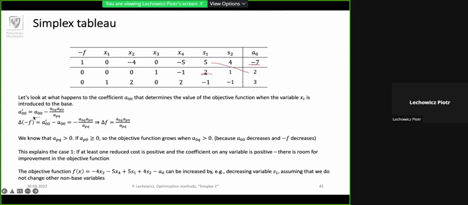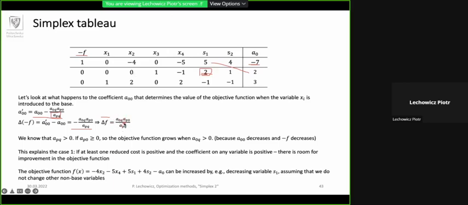So this is exactly what we have here. So the difference between the current value and the new value of minus f function is equal to the new value minus the previous value. And because we are interested in how our original function, not a minus function, will change, we need to multiply this by -1. So we know that if we introduce the selected apq variable to the base, the objective function will change by this amount.